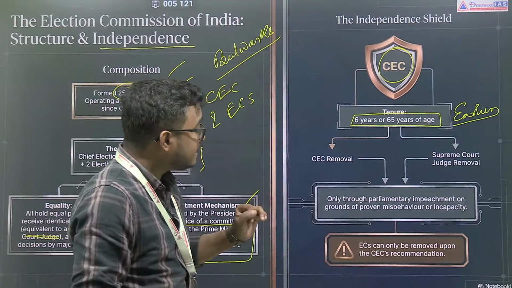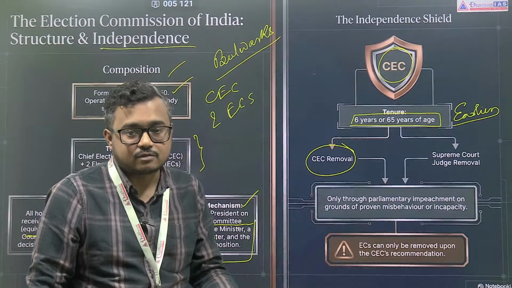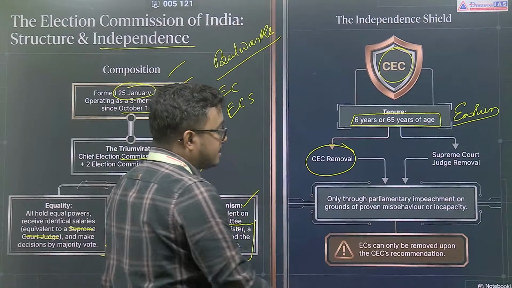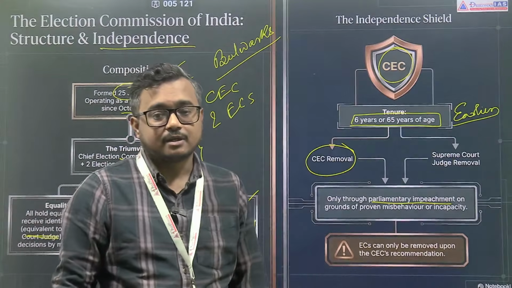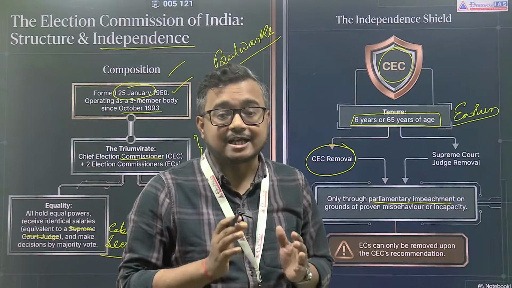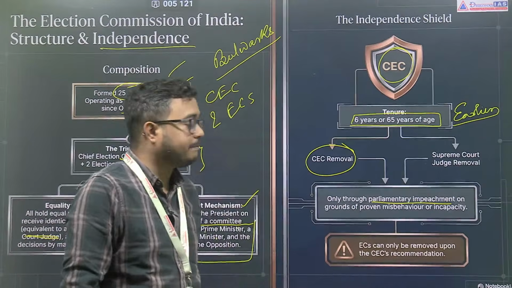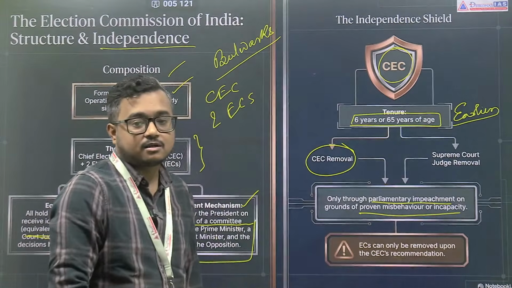Now the thing is, if the parties want to remove the CEC, it has to be done through parliamentary impeachment. He has security of tenure, so it cannot be done at random. It has to be done through a parliamentary impeachment on the grounds of proven misbehavior or incapacity.